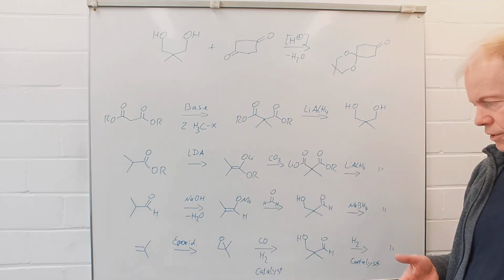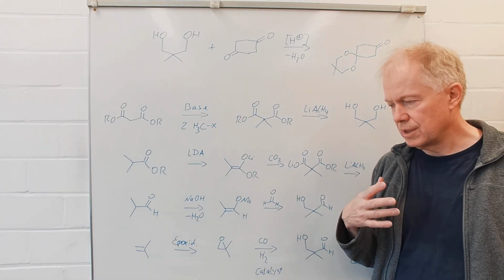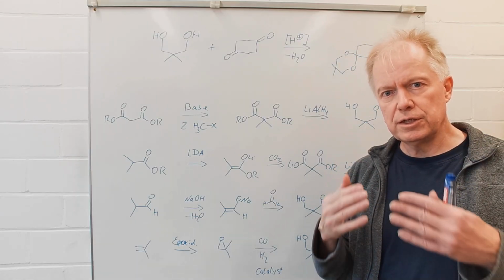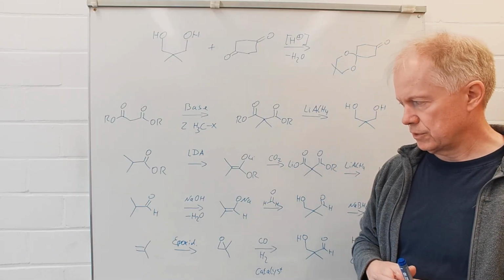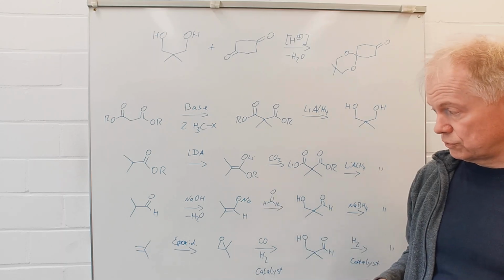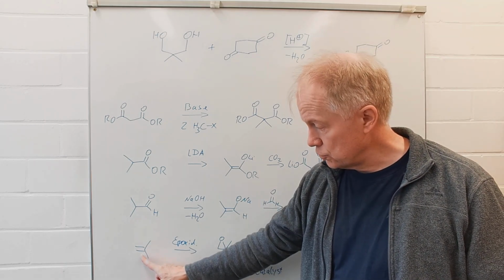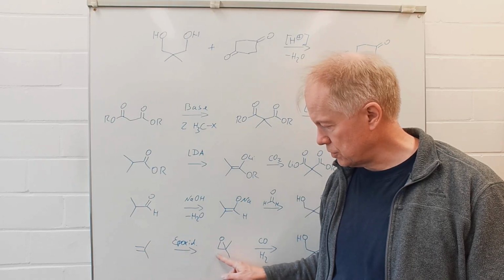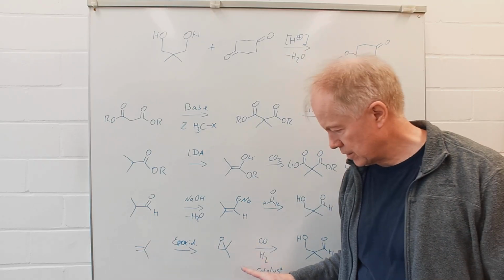On an industrial scale, you would like to start, of course, with really cheap starting materials. And what has been proven to work is you start with isobutene and make an epoxidation. You have that epoxide.